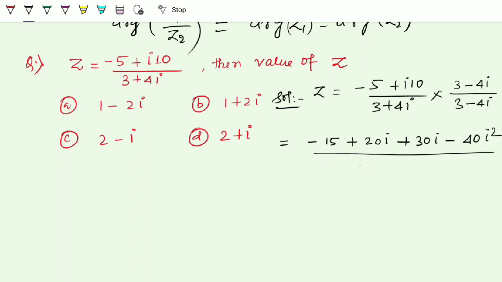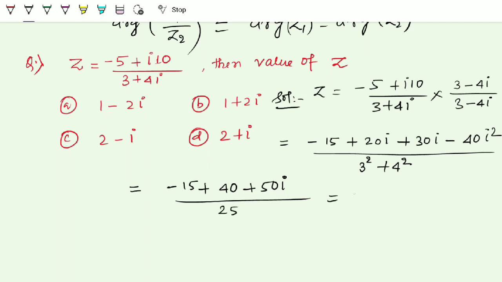And in the denominator we'll be getting 3 square plus 4 square. On simplifying further we'll be getting -15 plus 40 plus 50 iota divided by 25. That will be equal to 25 plus 50 iota divided by 25.